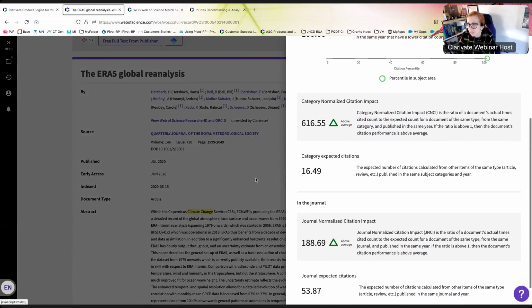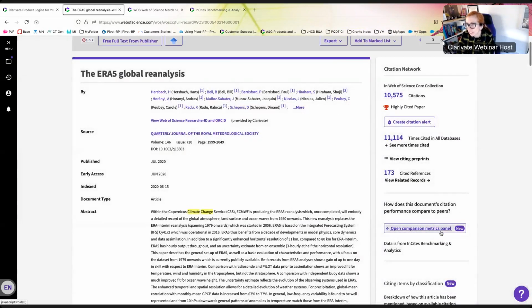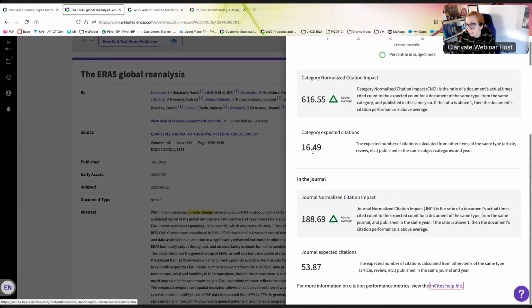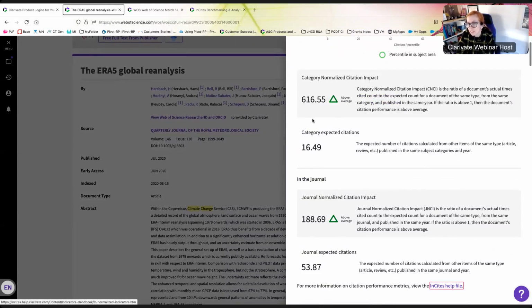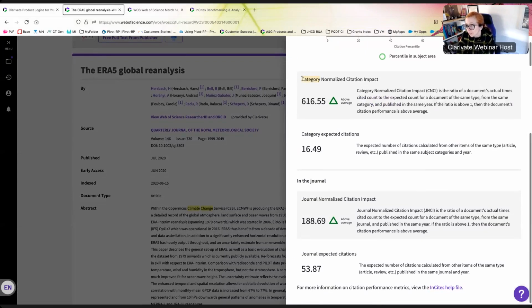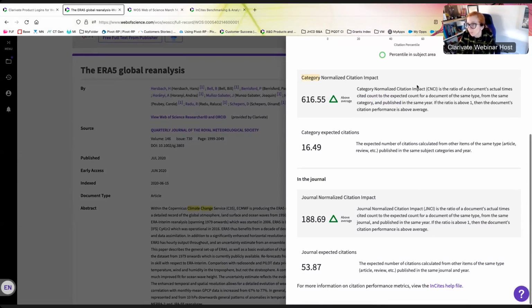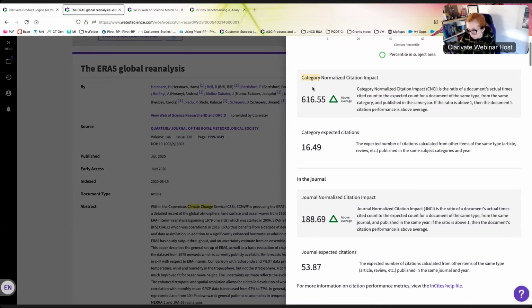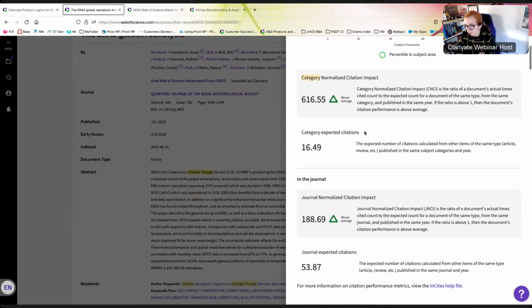So you take 10,000, you divide it by 16.49 and you get 616. So this tells you how good the 10,000 is in relation to the field. And always remember, to the field, the year, and the same document type. So that's the context that this provides.